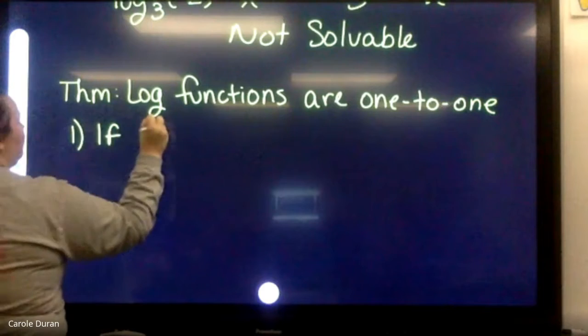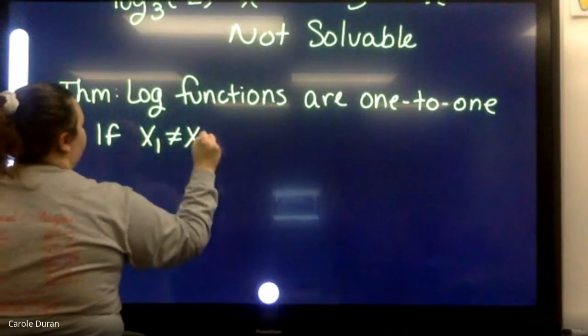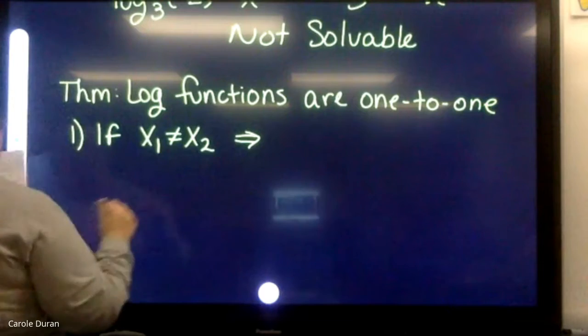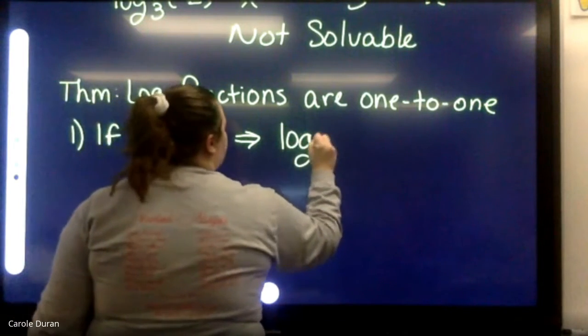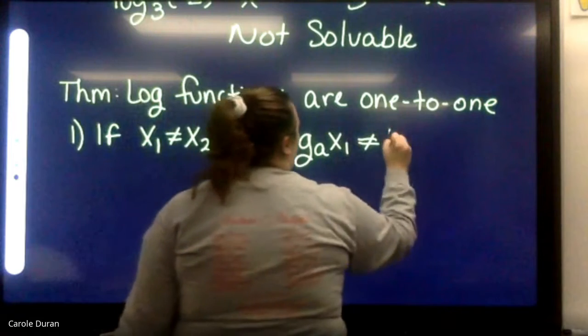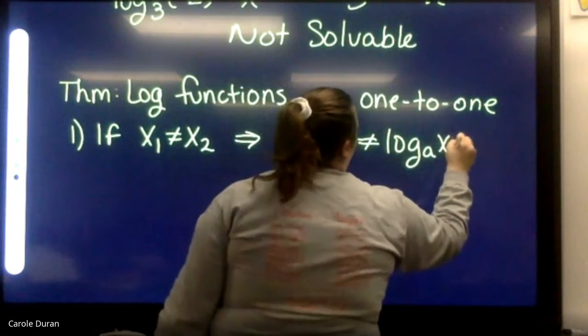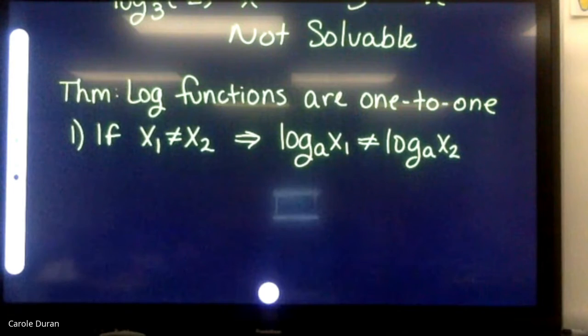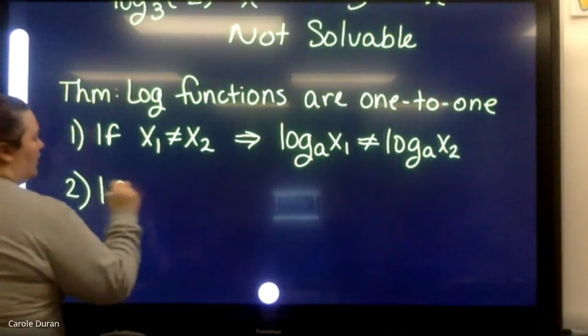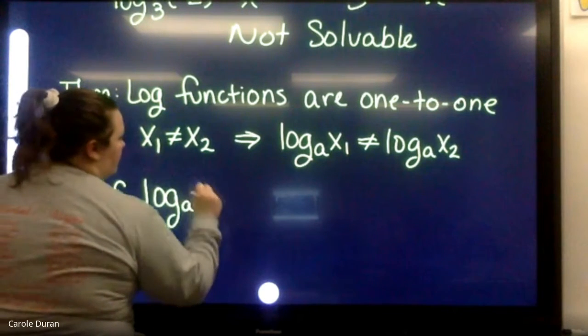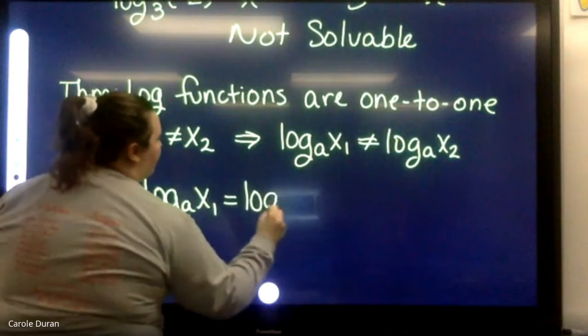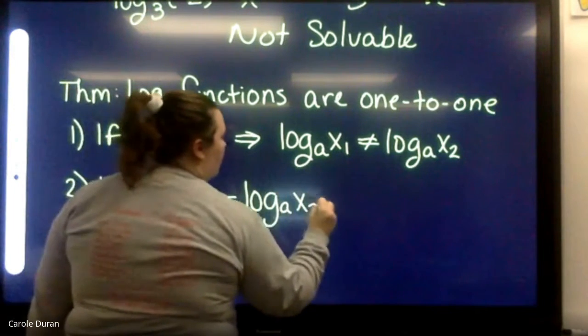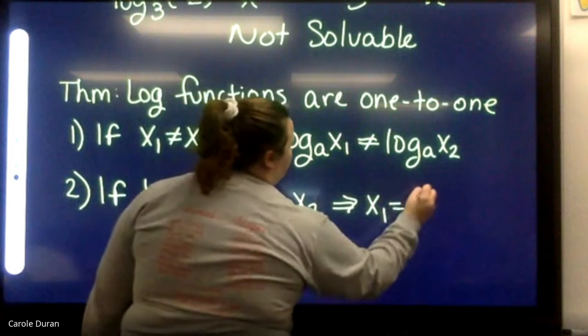If I have two variable values that are not equal, then two logs of the same base with those values are also not equal. Taking the converse of that statement, if I have two logs with the same base that are equal with different variables, then those variables must be equal to each other.